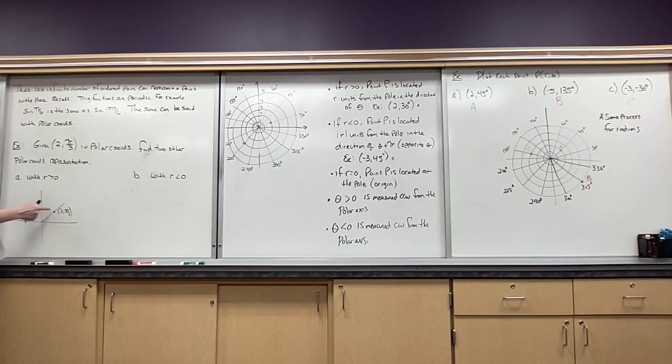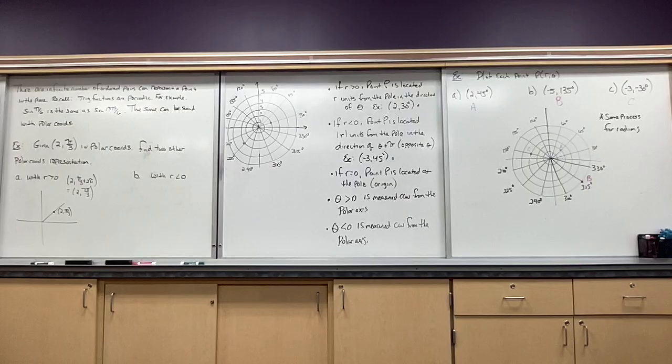We can. If I take this and add 2 pi to it, I get back to where I'm at. So that's another set of coordinates that gets me to the same position. Let's write that down. 2, pi over 3 plus 2 pi. We add those together, and we get 2, 7 pi over 3. So that point is going to be here as well.